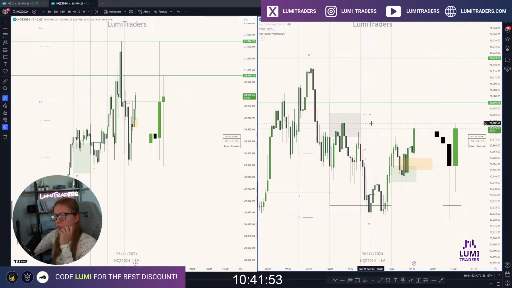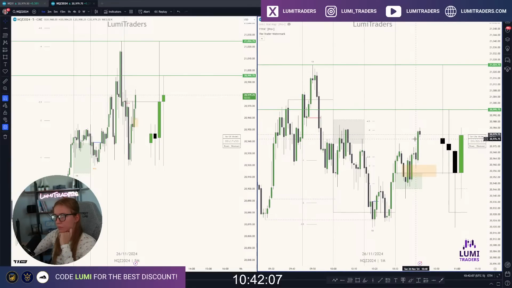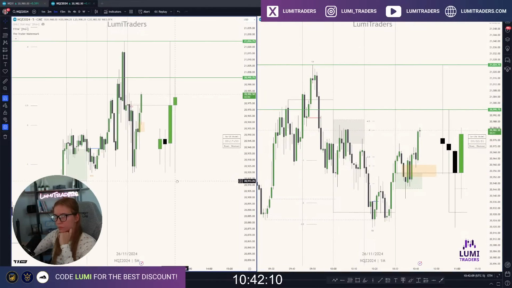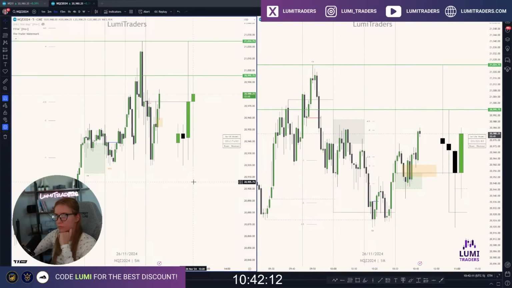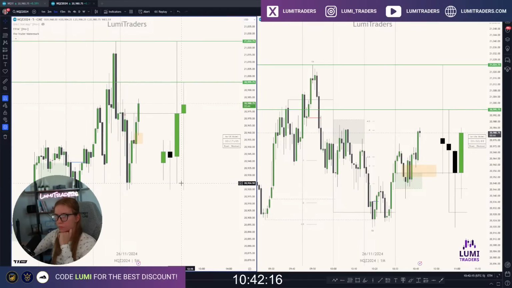We just forced a deviation with a small manipulation on the 1-minute chart. Yeah, it's about to offer a 5-minute order block. Looks like it wants to be swept as well.